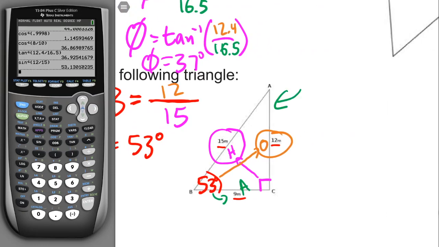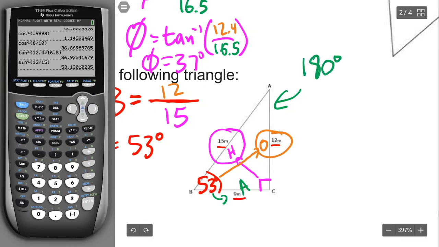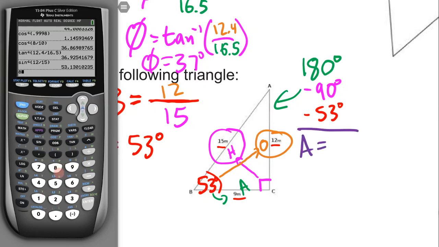And now this last angle here, we can find directly. The angles in a triangle add up to 180 degrees. So we've got 180 degrees total in the triangle. We use up 90 degrees for our 90-degree corner. We've used up 53 degrees for B. Whatever's left has to be angle A. So A equals 180 minus 90 minus 53.